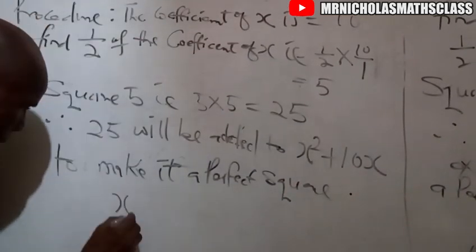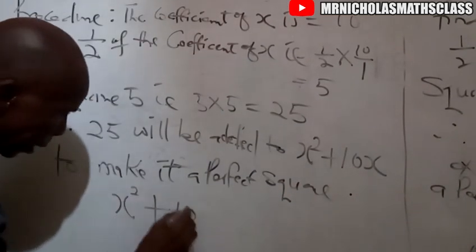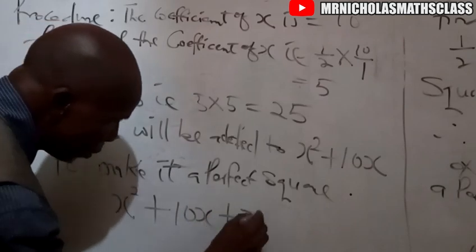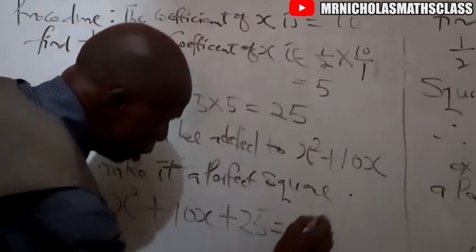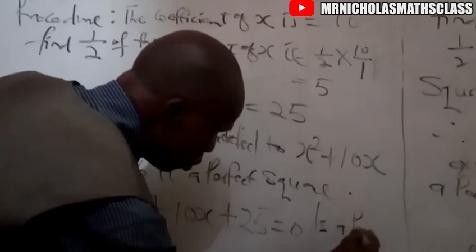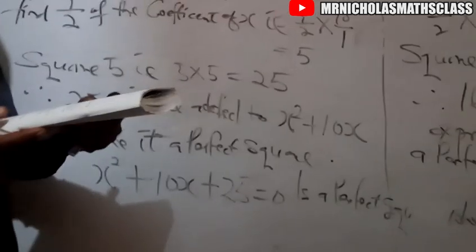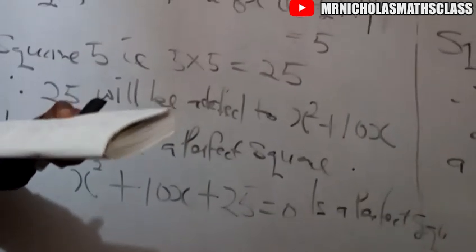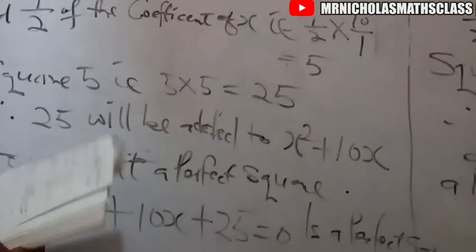That is, s squared plus 10s plus 25 is a perfect square. We are making progress.